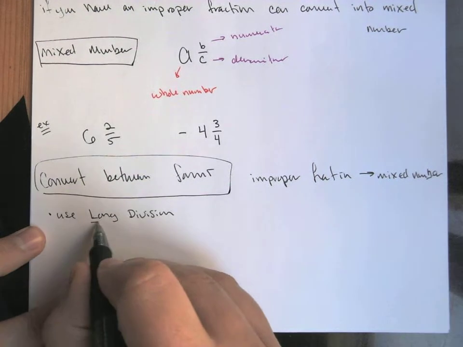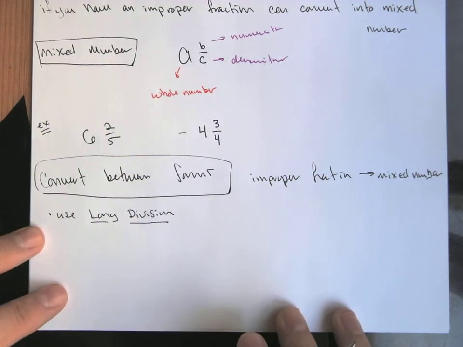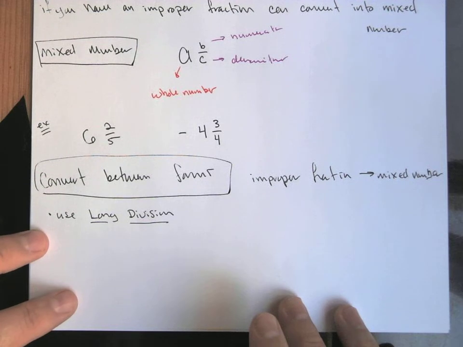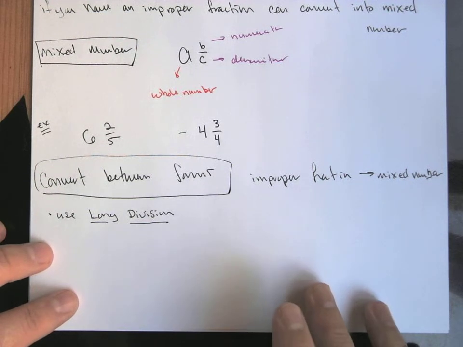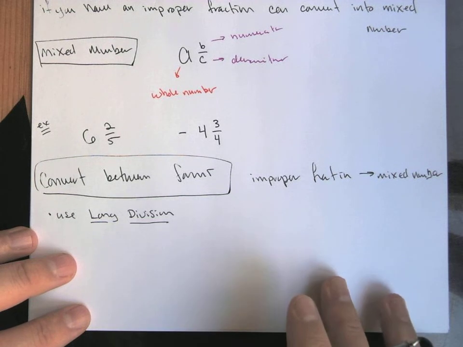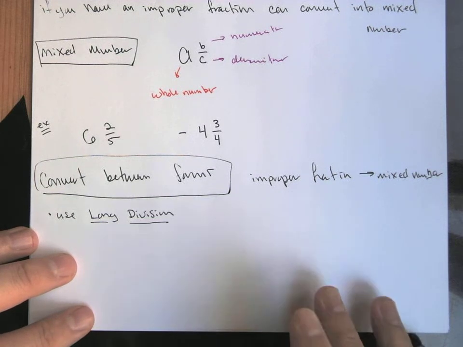For the most part our numbers here are not gigantic, so long is a pretty relative term. This division shouldn't take super long. What we need is this long division to find our remainders. The remainders are going to turn into our new numerators. Let's run an example, and I'll take us through the steps.